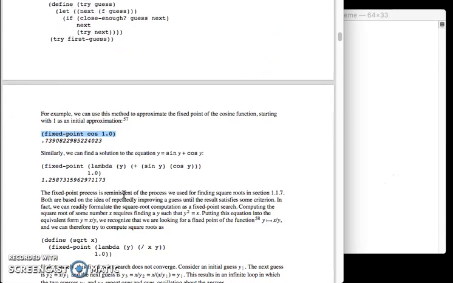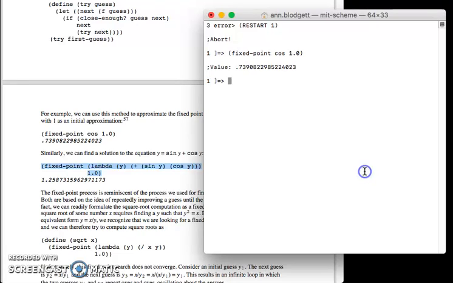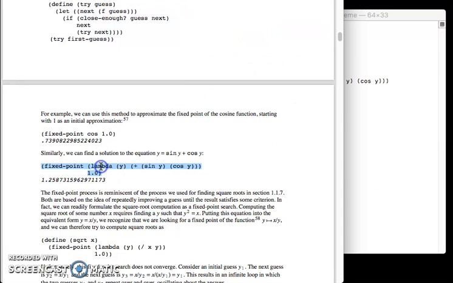Okay. Similarly, we can find a solution to the equation y equals sine of y plus cosine of y. So, apply fixed point to the procedure that takes input y and adds the sine of y and cosine of y, and then the other input is 1.